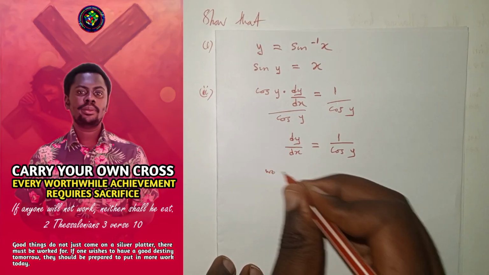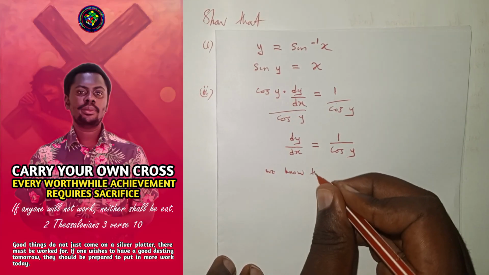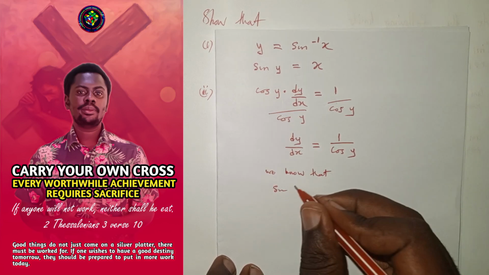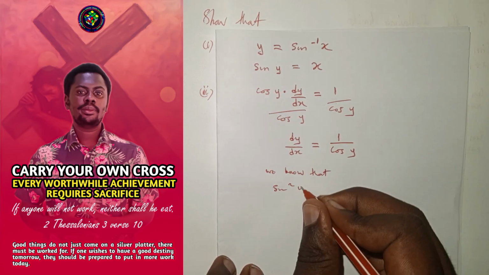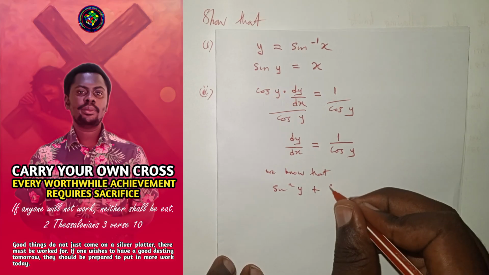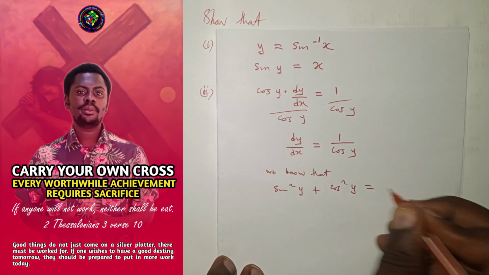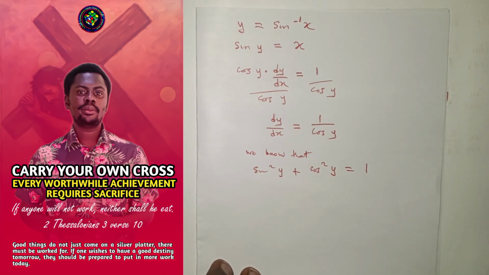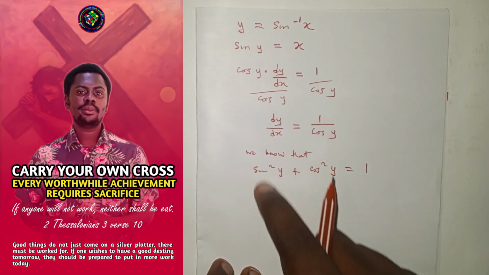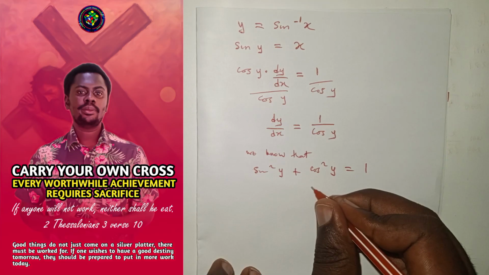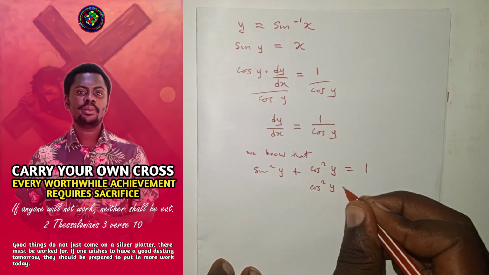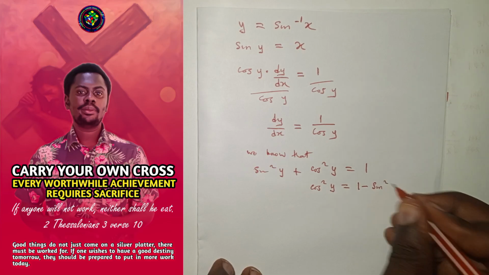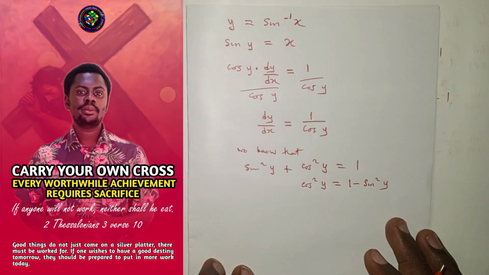Again, we know that sine squared y plus cos squared y is equal to 1. So to make cos squared y the subject, this will go this side, so we are going to have cos squared y is equal to 1 minus sine squared y.